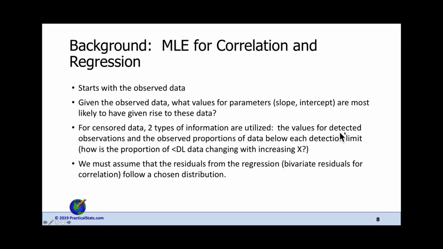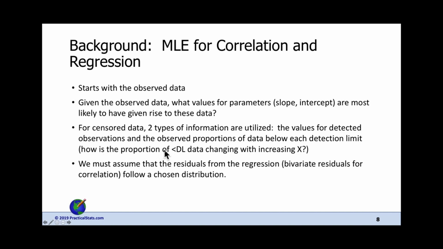First, the values for the detected observations, just as you would always do, the values for lead in micrograms per liter that you have, and then the observed proportion of data below each detection limit. And for regression and correlation, it's looking at how that proportion below one or more detection limits changes as X increases.